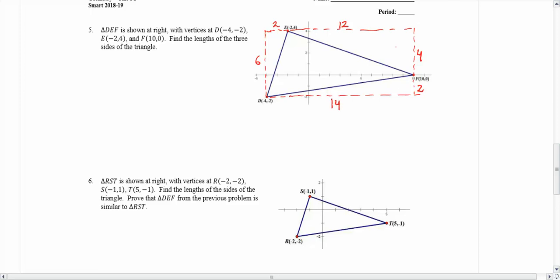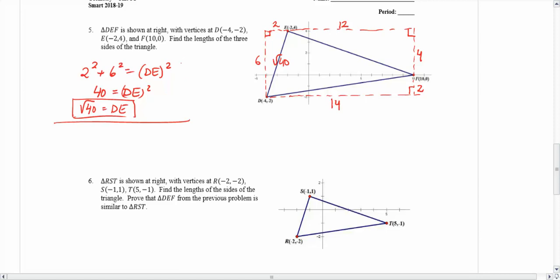Okay, so let's do some math to get the side lengths. These are all slope triangles, so they're all right triangles. So I can do 2 squared plus 6 squared equals DE squared. So that's going to be 4 plus 36, that's 40, equals DE squared. So root 40 is DE. Okay, I'll put that in here, root 40. Then let's see, what else?